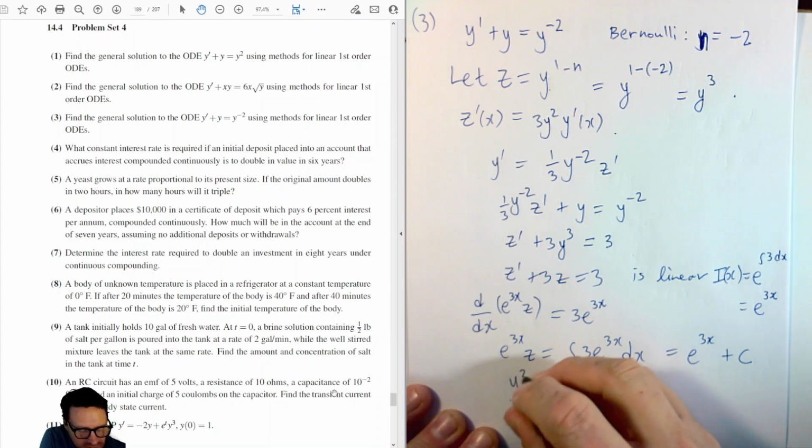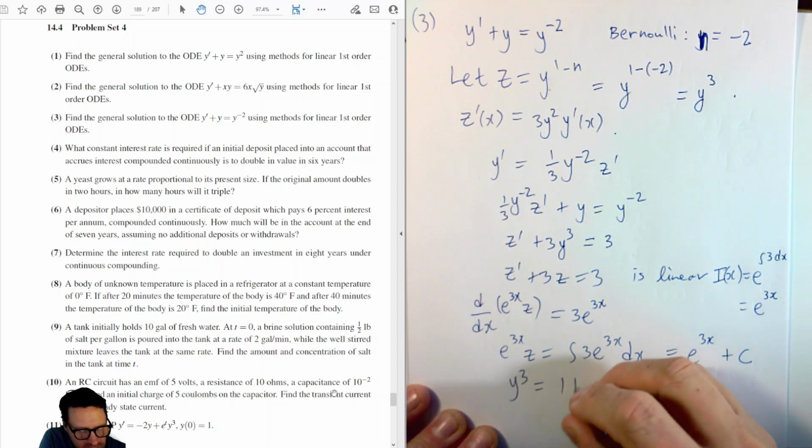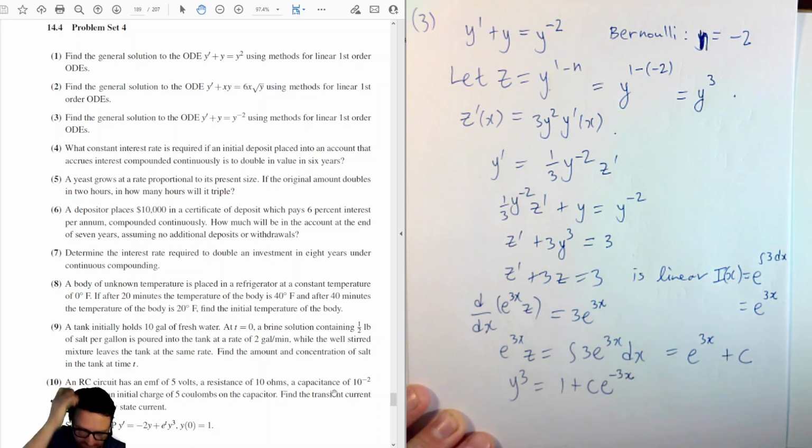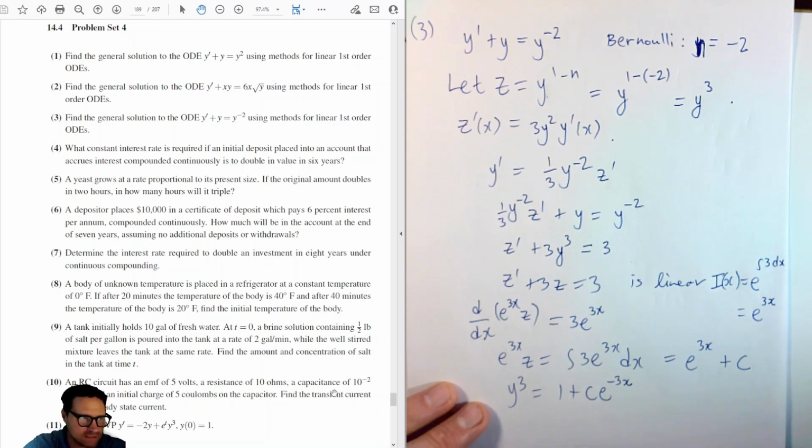So we have y cubed is equal to 1 plus c e to the minus 3x. Okay, and I suggest to just leave it like that because it looks better. Okay, let's move on to question 4.